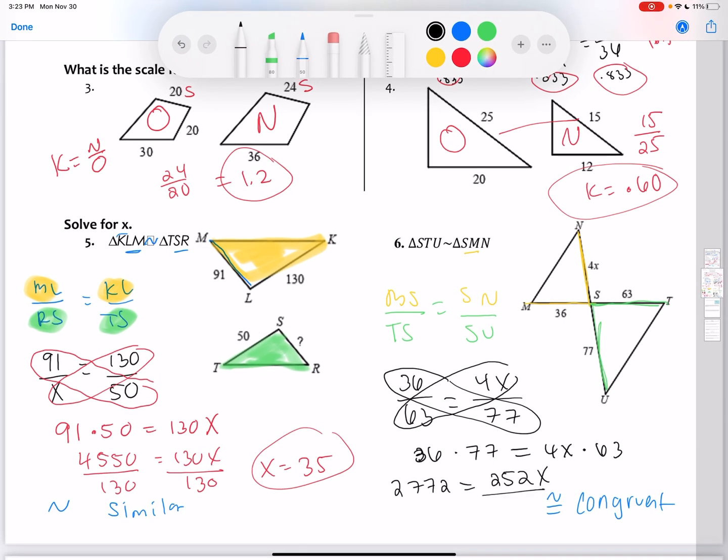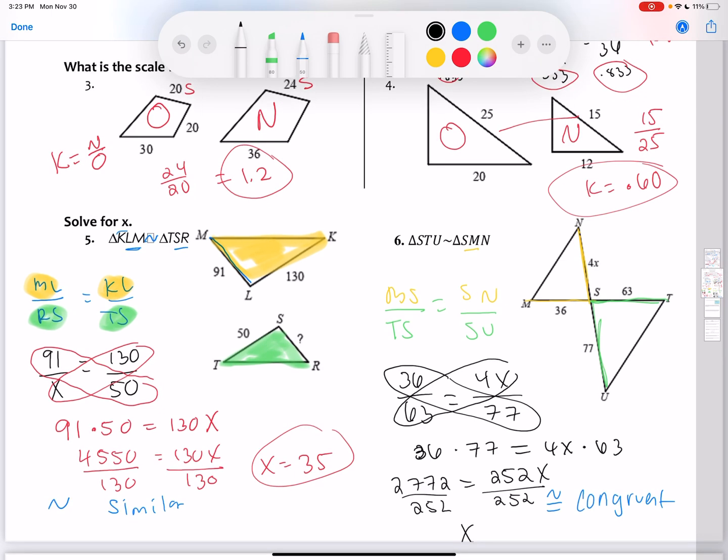Divide by 252 on both sides. 2,772 divided by 252 is a number, not a whole number. Usually you would get a whole number here. Oh, there we go. X equals 11.